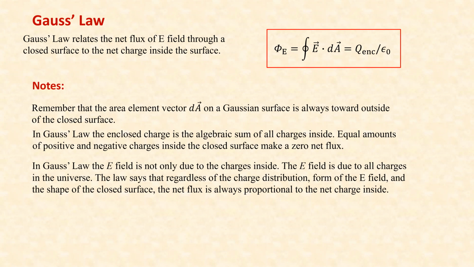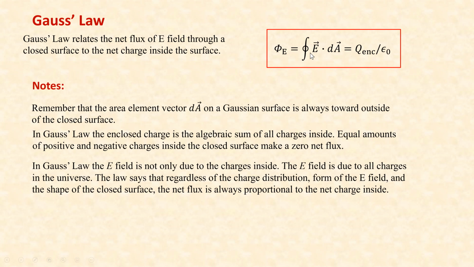In Gauss law, the E field is not only due to the charges inside. The E field is due to all charges in the universe. That's very, very important. The law says that regardless of the charge distribution, form of the electric field, and the shape of the closed surface, the net flux is always proportional to the net charge inside. So that doesn't mean that these charges that are inside create this electric field.